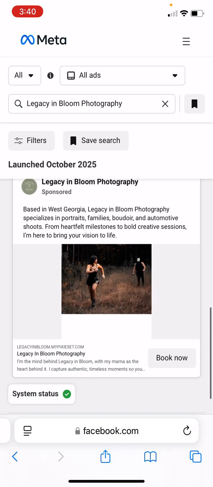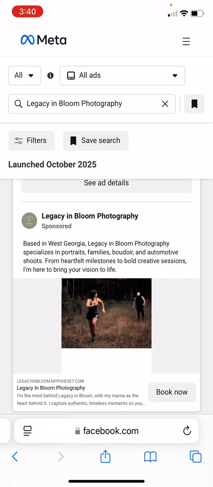So now we'll compare it to the boudoir industry average. Does it look like an ad? No. So no mistake there. Heartfelt milestones.